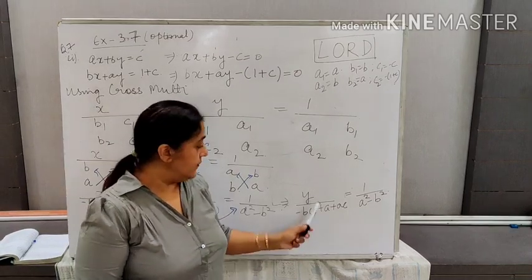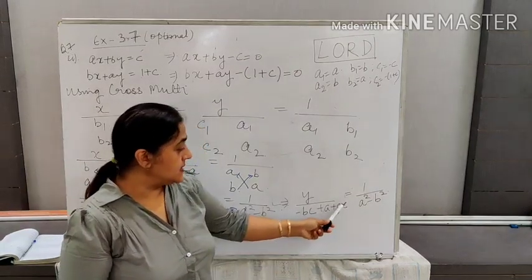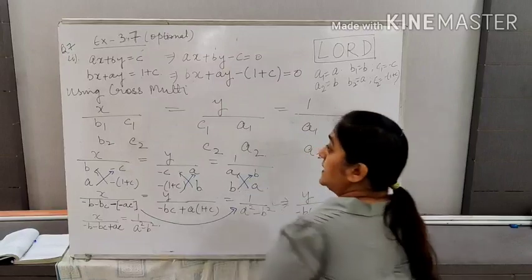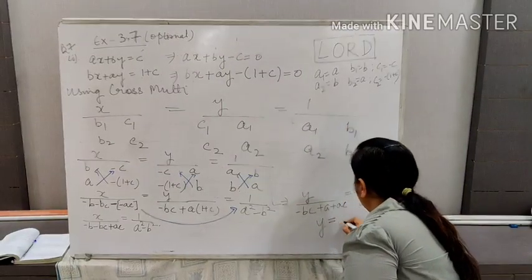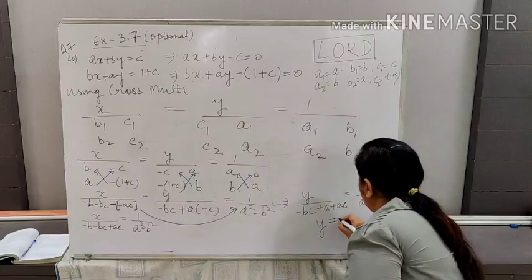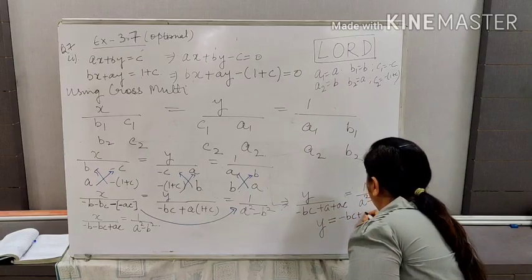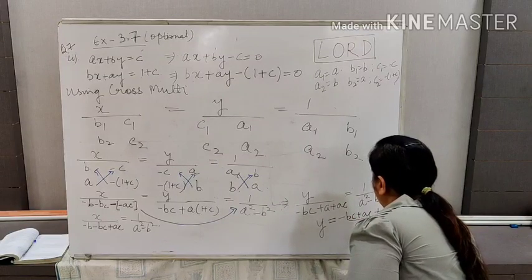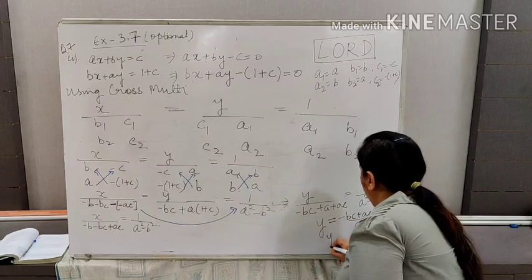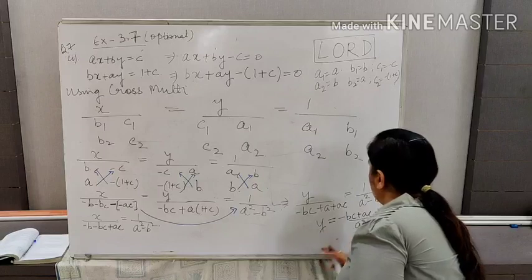So what I have done, I have written y upon minus BC plus A plus AC is equal to 1 upon A square minus B square. So what is my y? This means y is equal to, if I just pair up, minus BC plus AC plus A upon A square minus B square. My y comes out to be this.